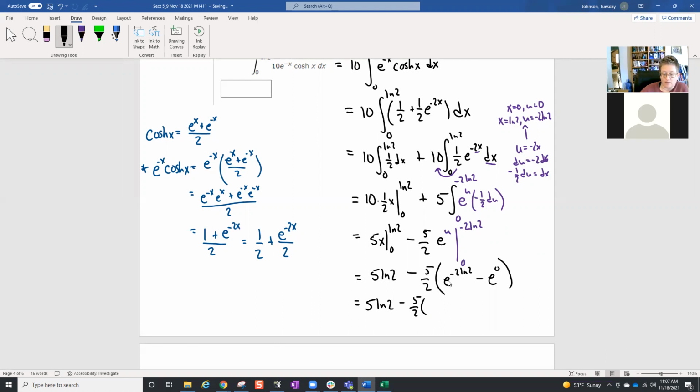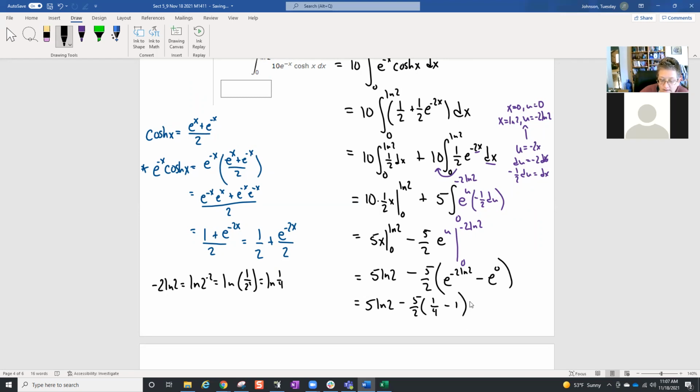Now remember this -2 natural log of 2. We can bring that power back up. But 2 to the -2, that's 1 over 2 squared. That's the natural log of 1/4. So e to the natural log of 1/4 is 1/4. E to the 0 is 1.